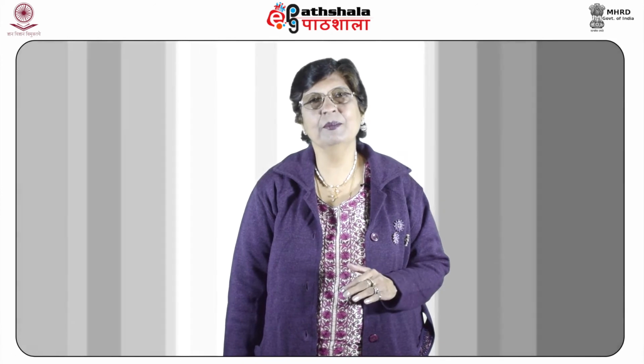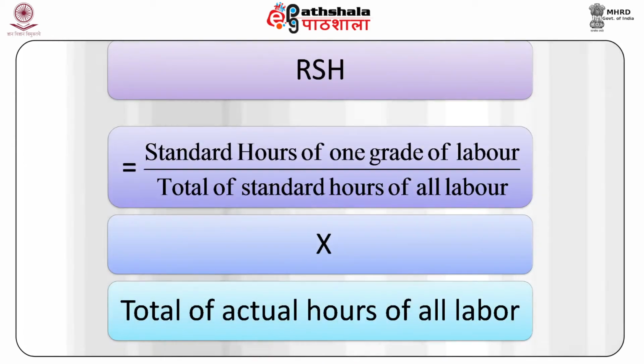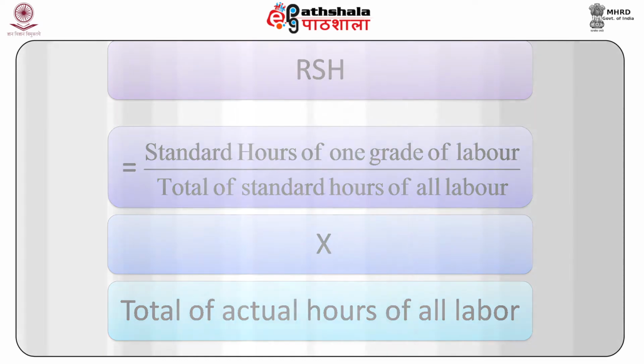RSH takes into account the increase or decrease in the predetermined labor hours consumption that leads to different actual consumption. RSH is calculated by the formula RSH is equal to standard hours of one grade of labor upon total of standard hours of all labor into total of actual hours of all labor.